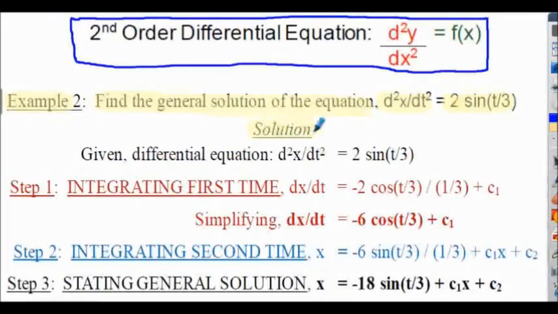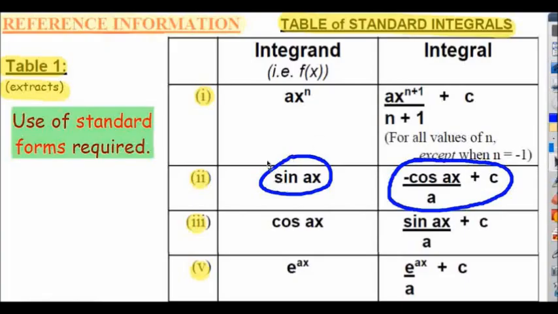So here's the solution. Given the differential equation above, d2x by dt squared equals 2 sine t upon 3. Step 1, we integrate for the first time, so the left hand side becomes in this case dx by dt. On the right hand side, again this is a standard form of sine ax, and from our standard tables, sine ax integrates to negative cos ax divided by a plus the constant of integration c.